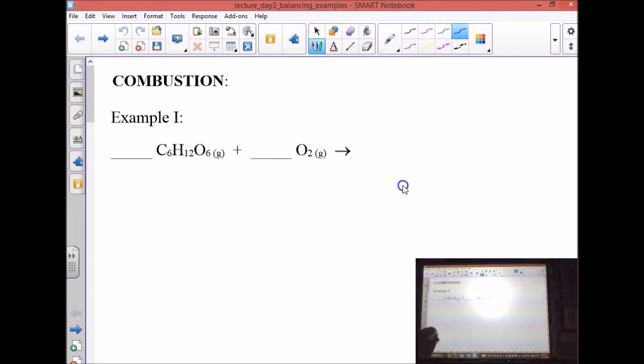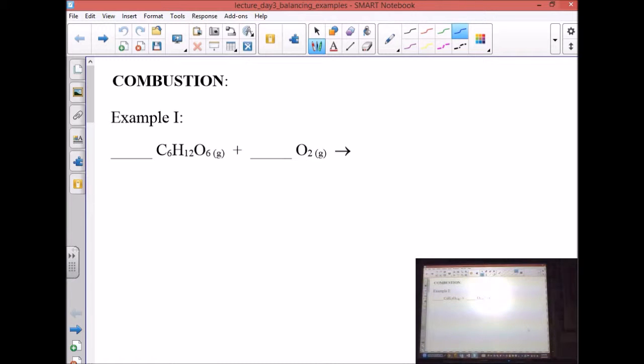All right, so example number 1. Ah, look, there's glucose. Now, you don't need to know what glucose is. That's for biology. What are my products? Let's start there. That is not a synthesis. Carbon dioxide and water. All right, now listen. Guys, shh.